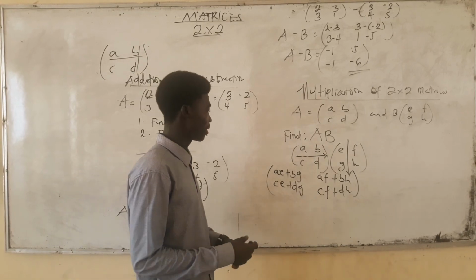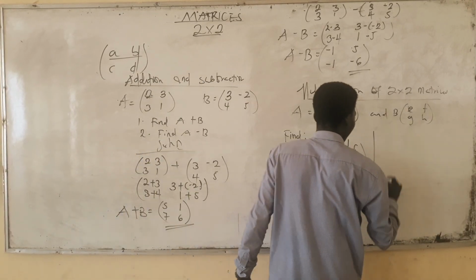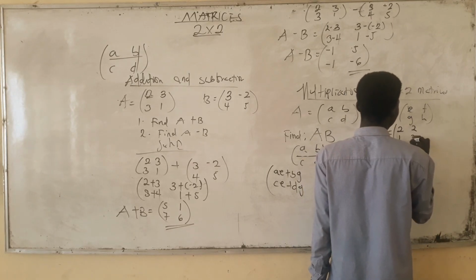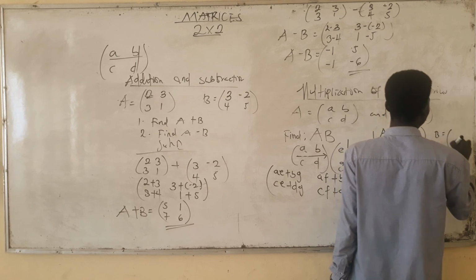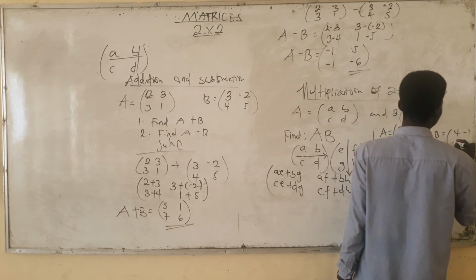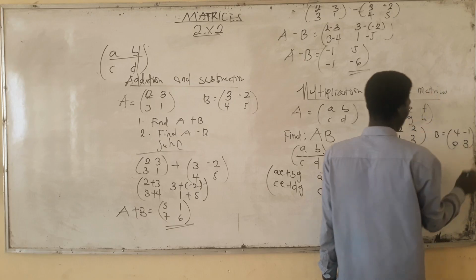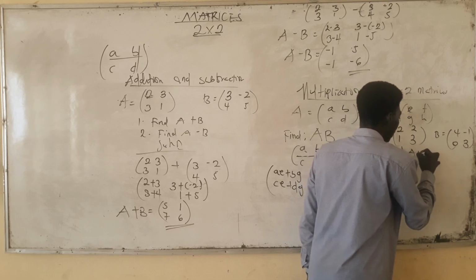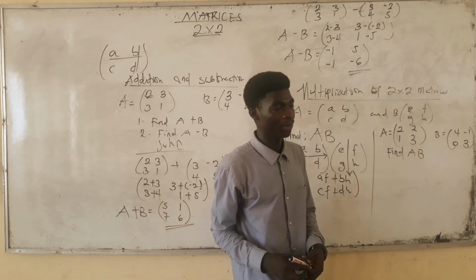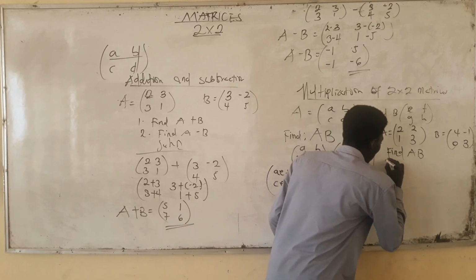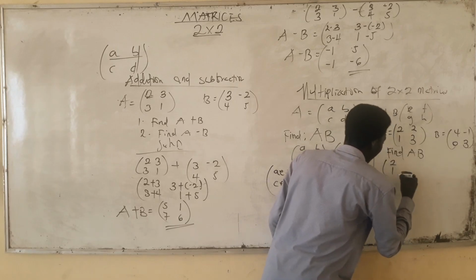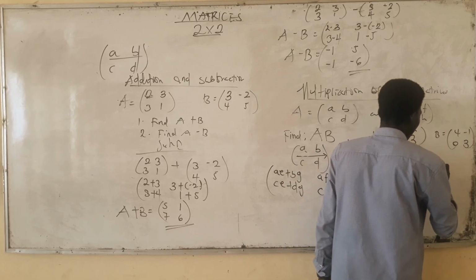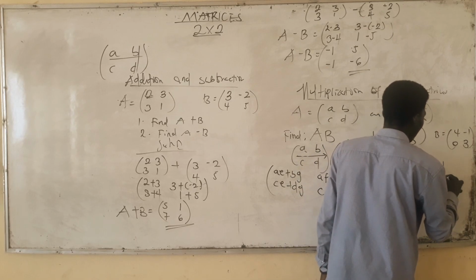So now let's take an example. We have the first example with A being 2, 2, 1, and 3. And our B is 4, negative 1, 0, and then 3. So now let's find AB.